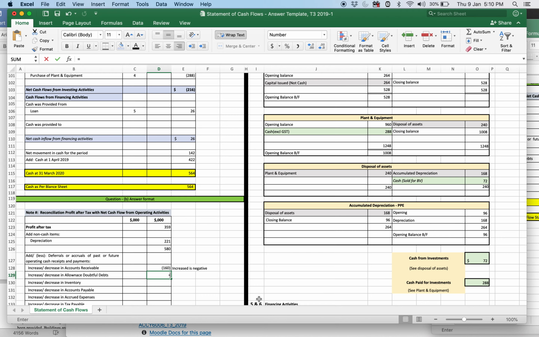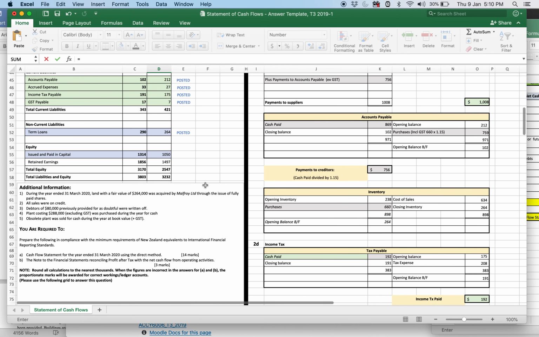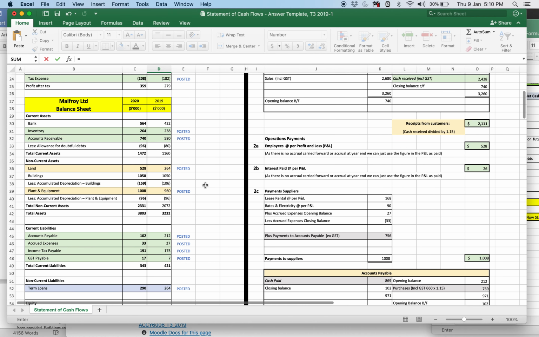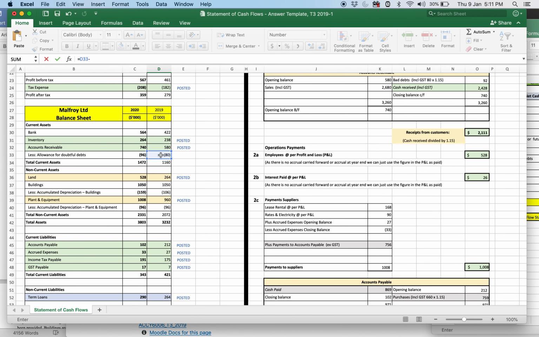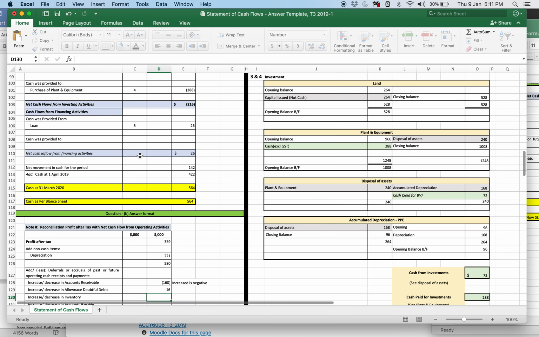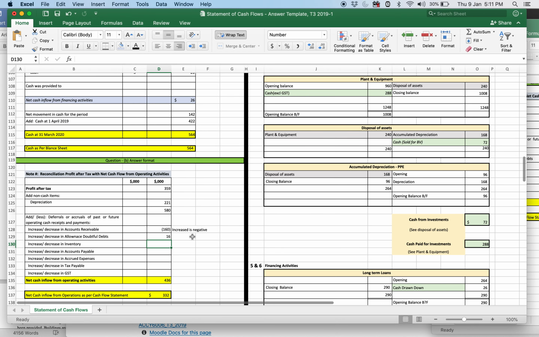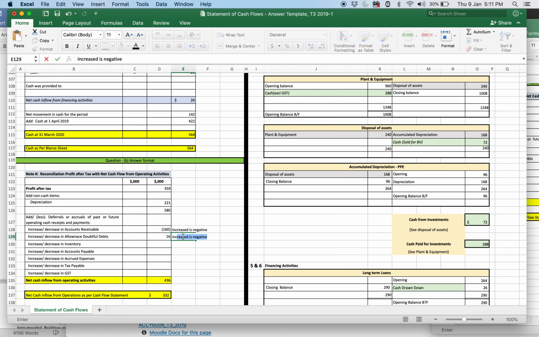You can actually net those off and just do the change in the net accounts receivable, but I decided to split it out. It's going to work out the same.